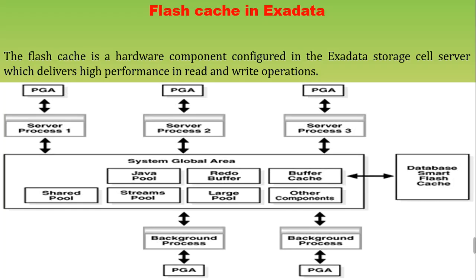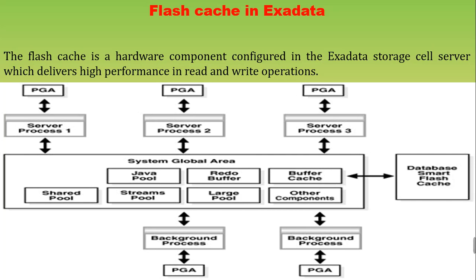Okay, let's move on. Flash cache in Exadata. The flash cache is a hardware component configured in the Exadata storage cell server which delivers high performance in read and write operations. You can see how flash cache in the Exadata machine is configured. There is the system global area, SGA, with the usual shared pool, Java pool, streams pool, redo buffer, large pool, buffer cache and other components.